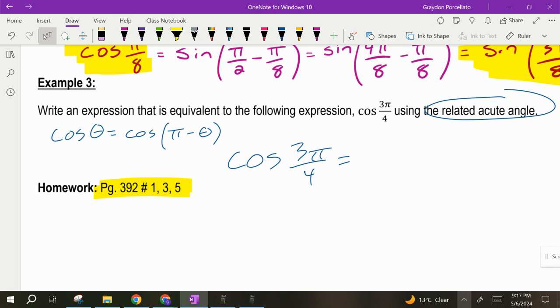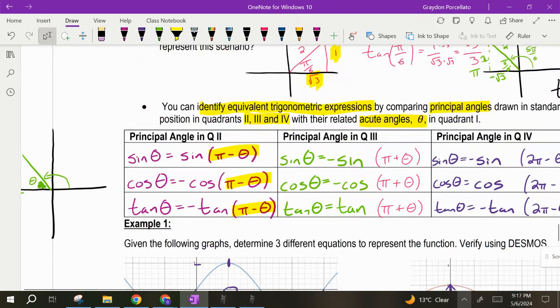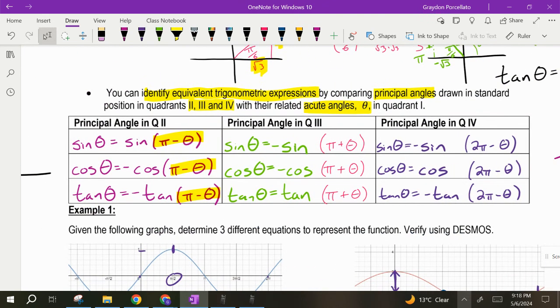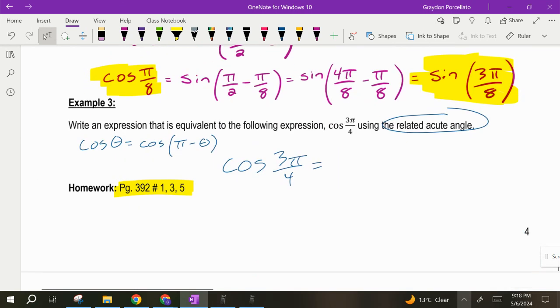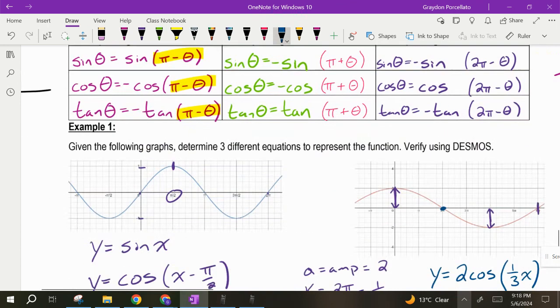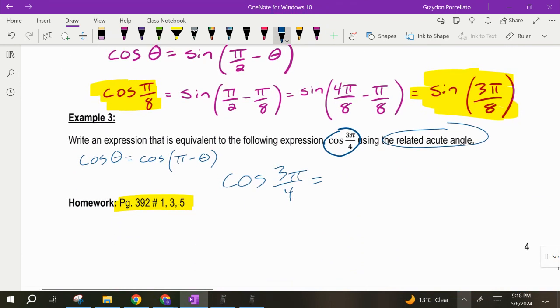So this one says write an equivalent expression using related acute angles. So those are basically these 9 things that we did here. You have a lot of choices for what you could use there. Because we're looking at the cos function, I specifically chose the one where we're in quadrant 4. So the cos of 3 pi over 4 is equivalent to the cos of pi minus 3 pi over 4.